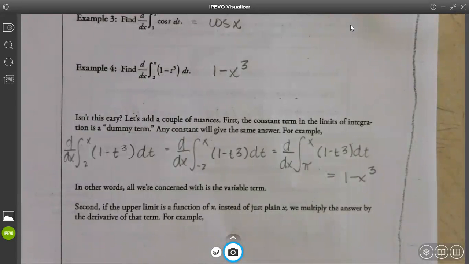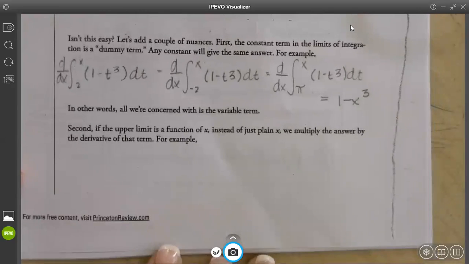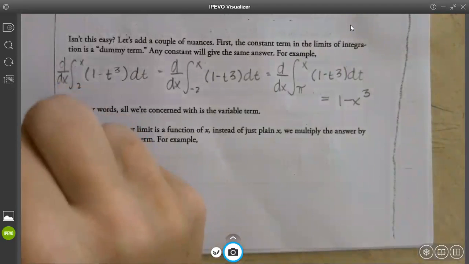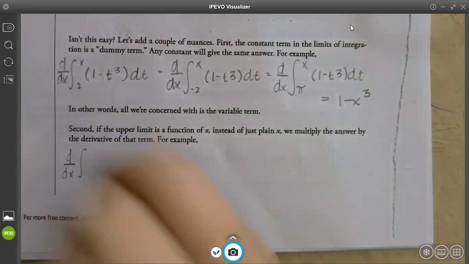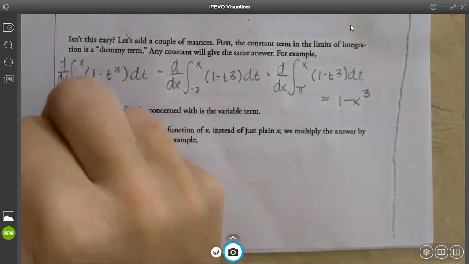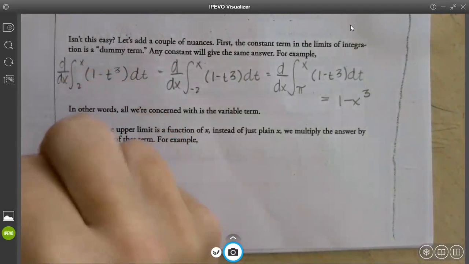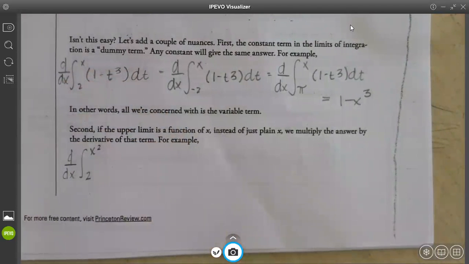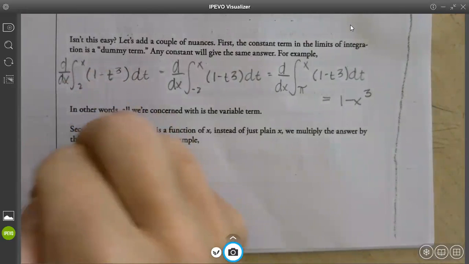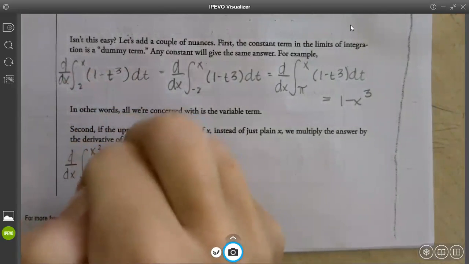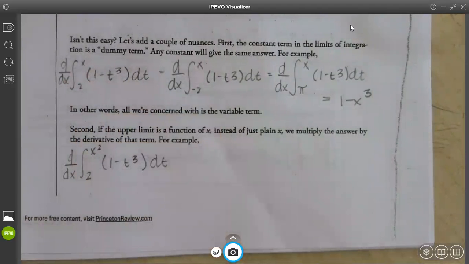All right. Second, if the upper limit is a function of x instead of just plain x, we multiply the answer by the derivative of that term. So what it's saying on this one, if you have d over dx, and instead of just x, you have x squared on the top. This is the same thing, except I made it x squared, which is a function.